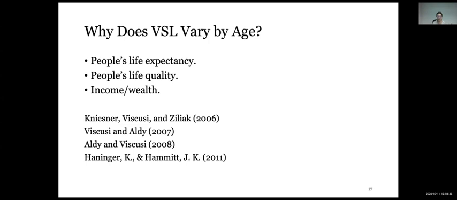Second is life quality, which changes your willingness to pay for risk reduction. The higher the quality of your life, the more willing you are to pay to reduce your health risks. If you have a low life quality, you are less willing to pay for risk reduction.